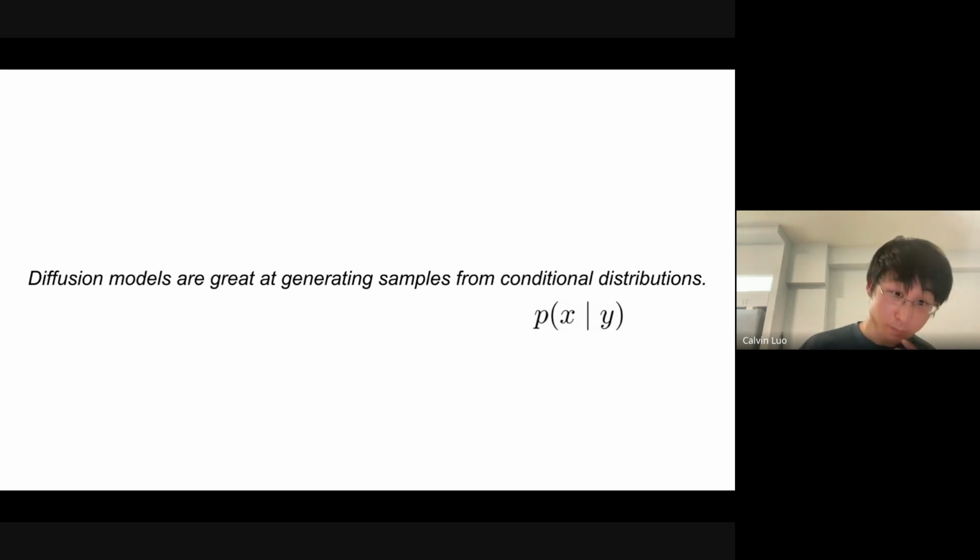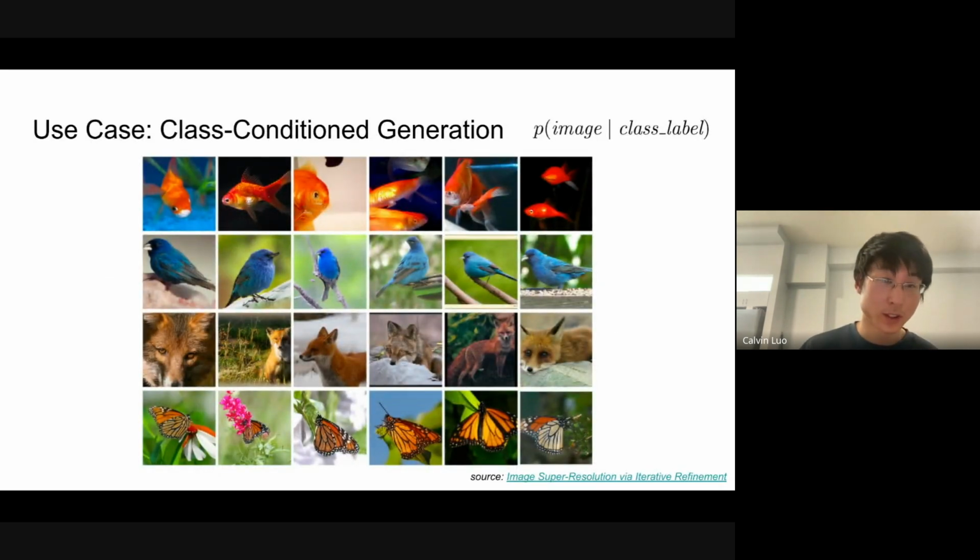The first use case you might see as a motivating example is class-conditional generation, where we're trying to generate images conditioned on a class label. We can successfully learn a diffusion model that takes in a class label and learns a distribution of images corresponding to that label, and we can generate samples for, let's say, goldfish or blue birds.